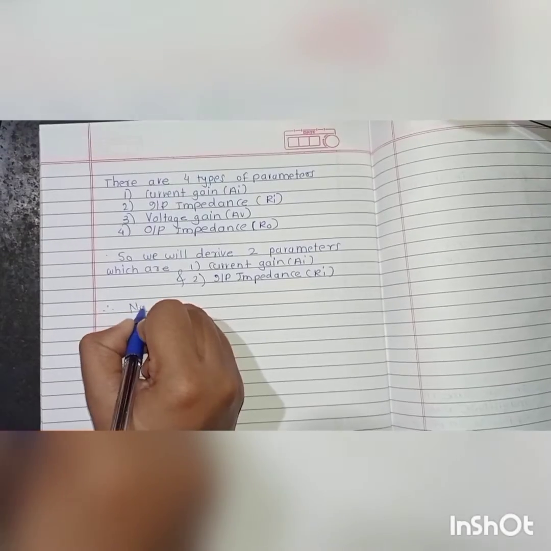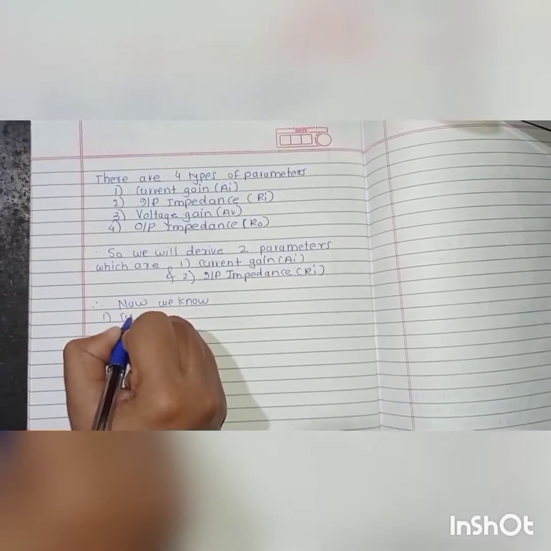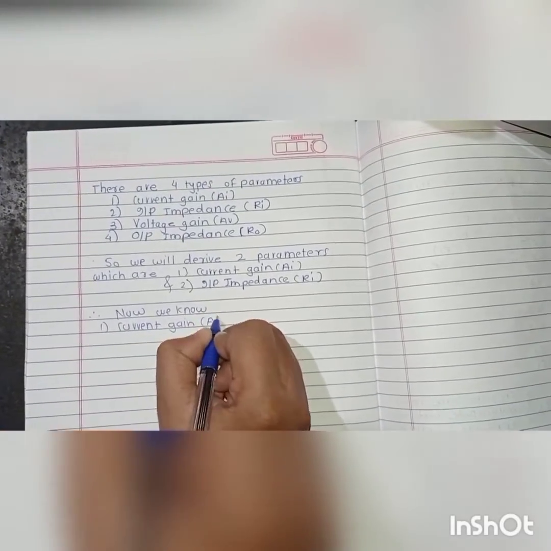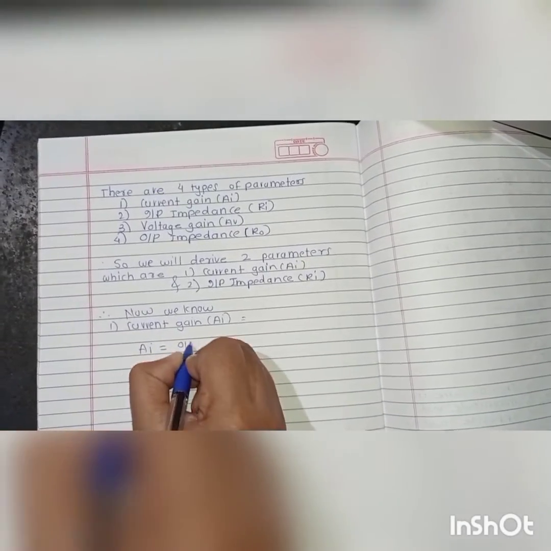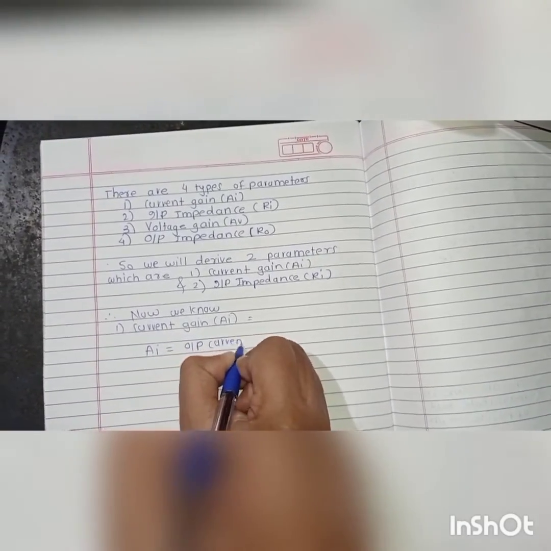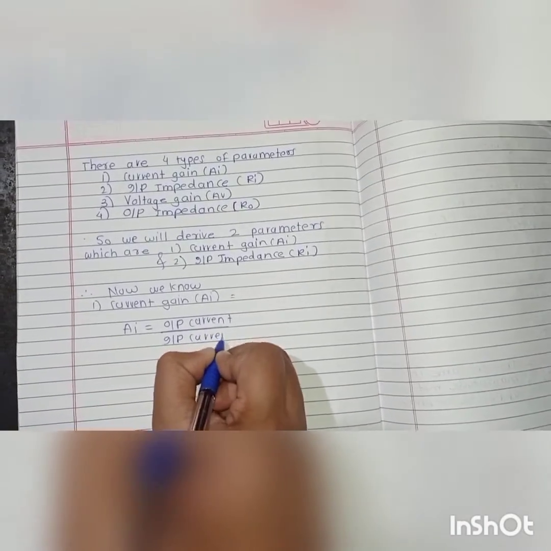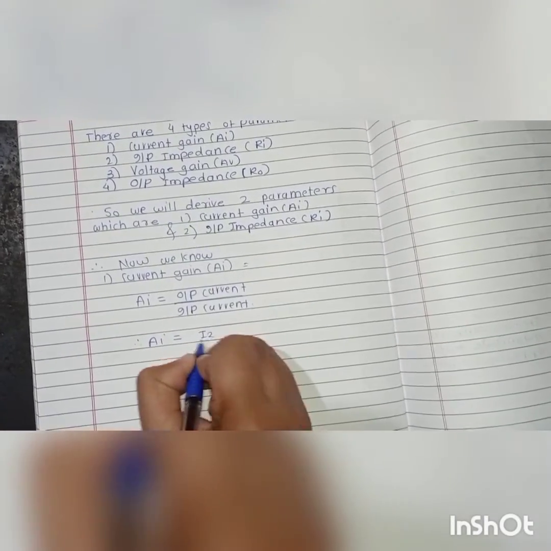Now we know the current gain AI. The basic definition of current gain is the output current to the input current. Therefore, AI is equal to I2 divided by I1.